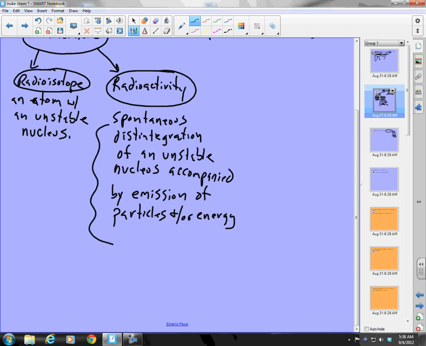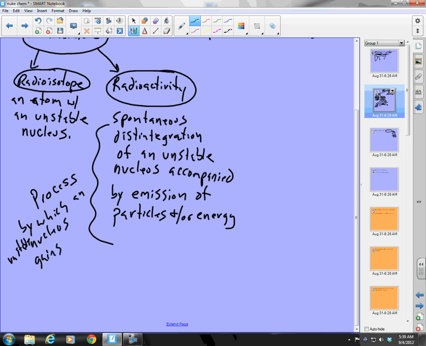Now, here's the cool thing about this. What is this really? This is a process, right? It's a process by which a nucleus, and what kind of nucleus? A radioisotope, we could say, by which an unstable nucleus gains what?